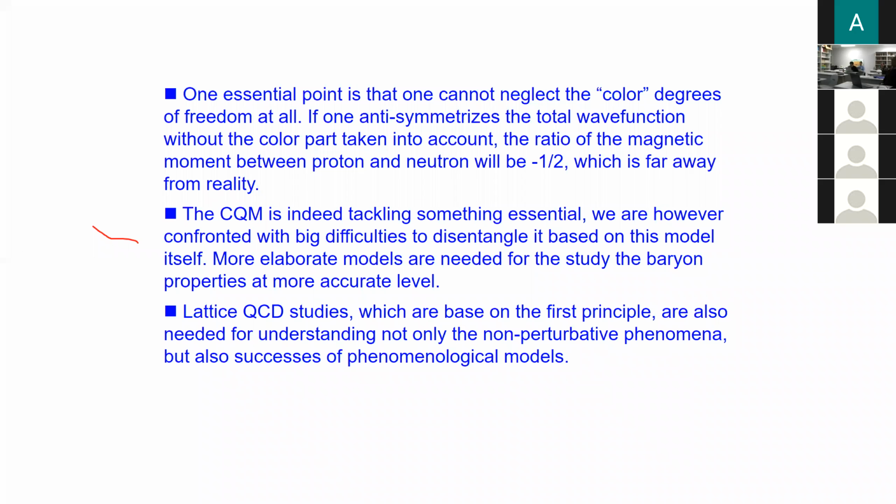And on the other hand, lattice QCD can tell us whether this phenomenology makes sense or not. I will have a slide later to show that this degree of freedom indeed is successful.